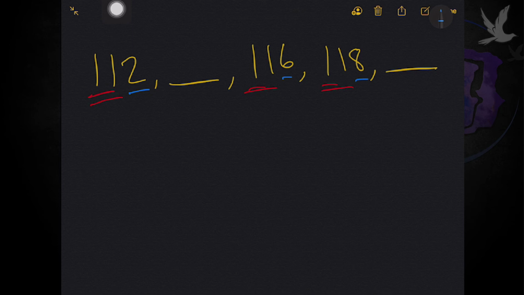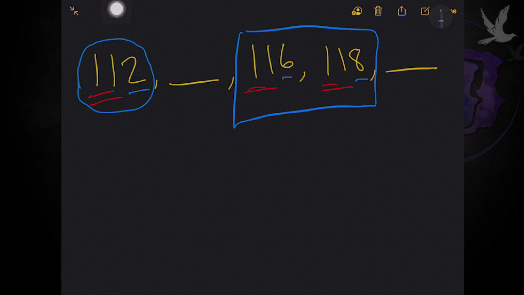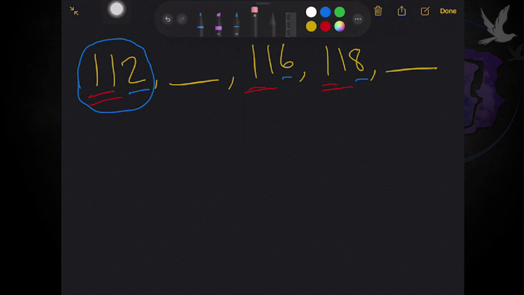So look for two or more numbers that are placed together. Does 112 have a companion? No. Obviously, it's 116 and 118 that have a companion. That is paired together.